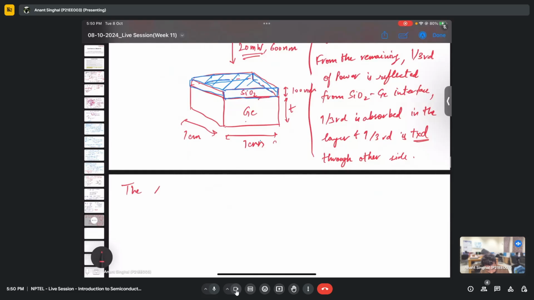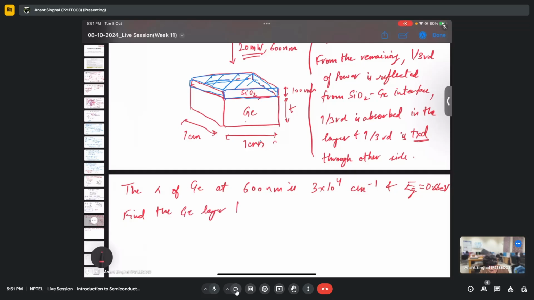So let's say the alpha of germanium at 600 nanometer is 3 times 10 raised to power 4 per centimeter, and band gap is 0.66 electron volt. So find the germanium layer thickness.